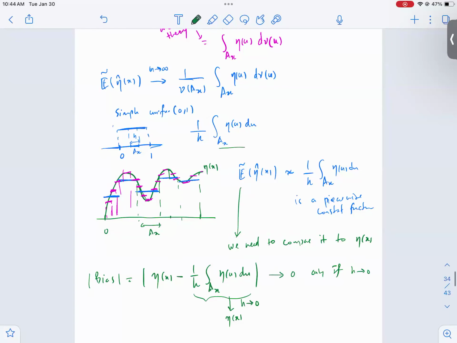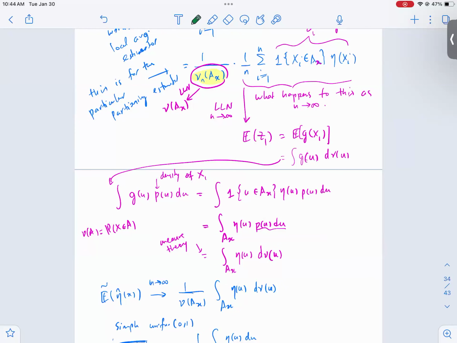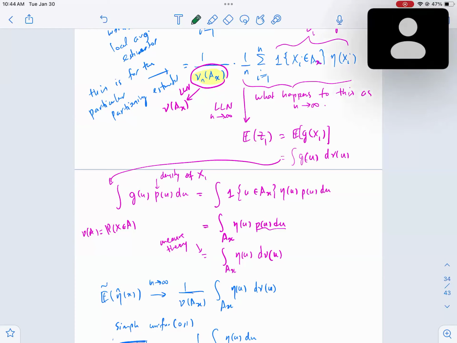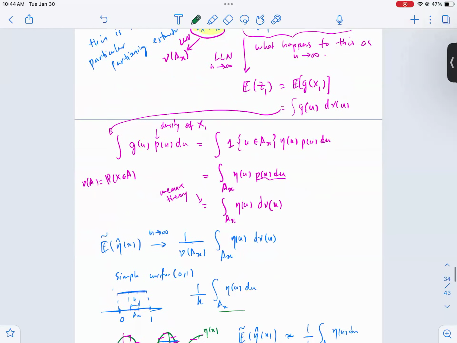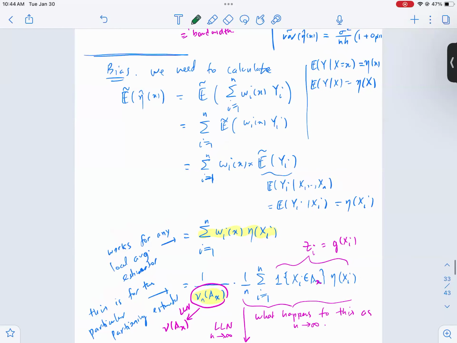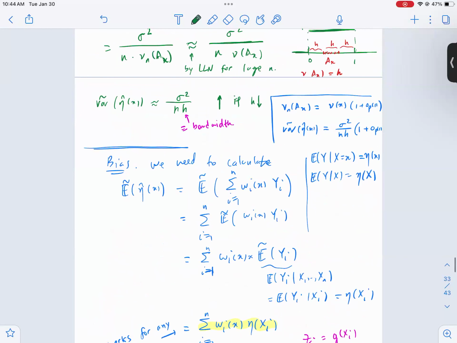If I let h go to zero, then I blow up the variance. I need h to be large for the variance to go down, but if h is large, my bias is large.